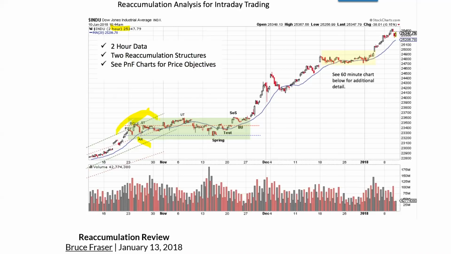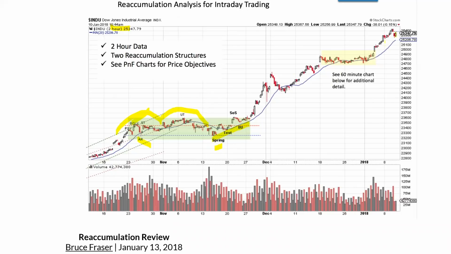It still looks like it might be distributional to this point, but then notice what happens: after a touch of support, a spring type action here, there's a series of very constructive rallies and reactions where the reactions are very dull and quiet, volume is drying up. This shows the signs that absorption is occurring, is completing, and a new uptrend is forming.